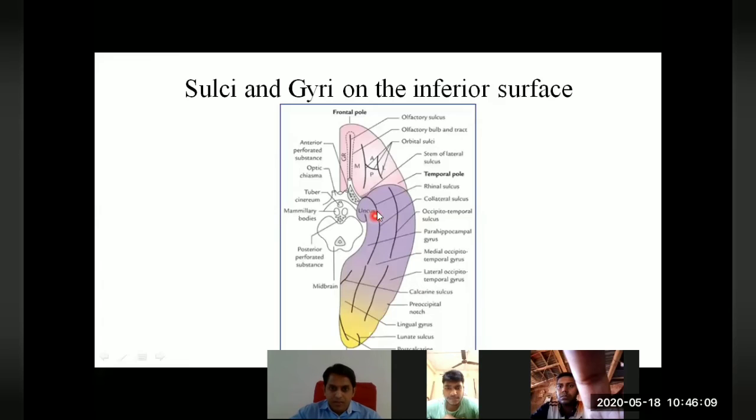This collateral sulcus will be put under the complete sulcus, as it produces indentation. The other sulcus right here is the occipitotemporal sulcus, dividing into medial and the lateral occipitotemporal gyri. Okay, that's all about the sulci and the gyri on the inferior surface.